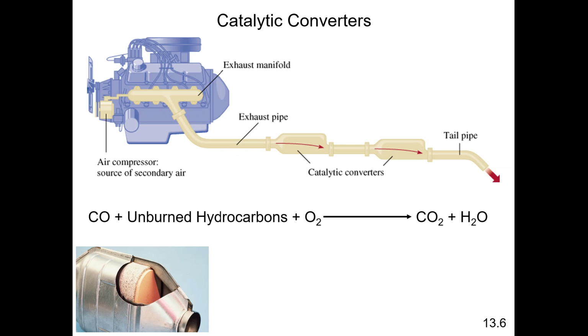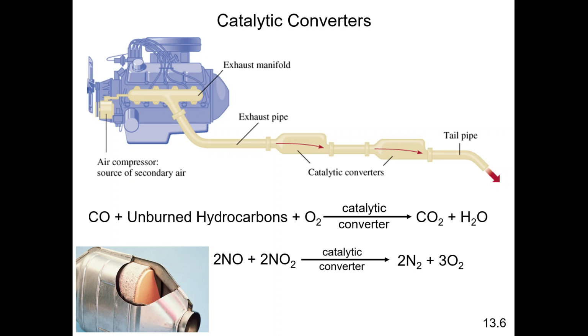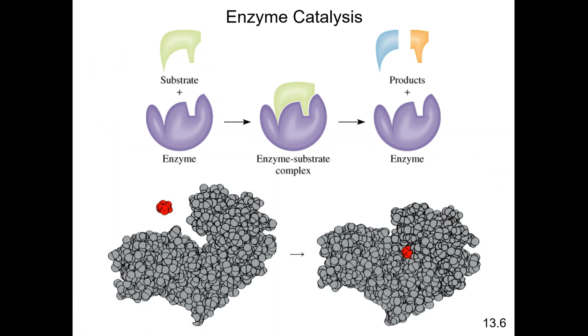So basically what these catalysts do is that they convert the harmful gases like carbon monoxide into carbon dioxide, which is less harmful, and water, right? So the catalytic converter is made up of different materials, which allows for that reaction to take place. Sometimes you have other gases like nitrogen monoxide and nitrogen dioxide. Again, those are converted to less harmful materials using catalytic converters.